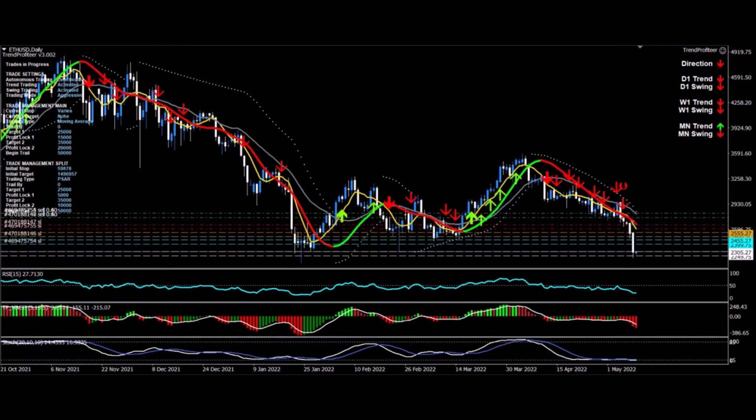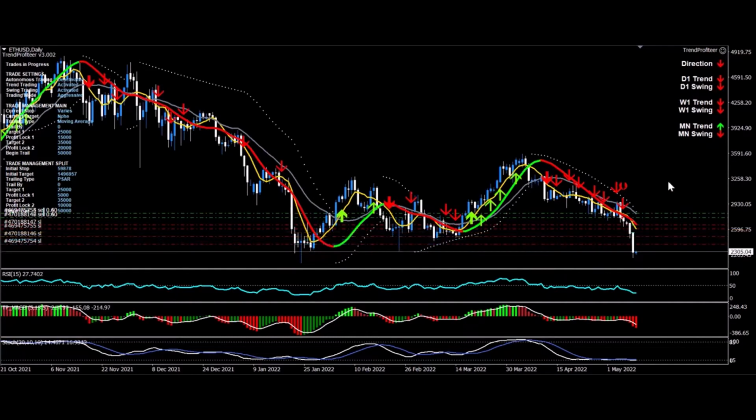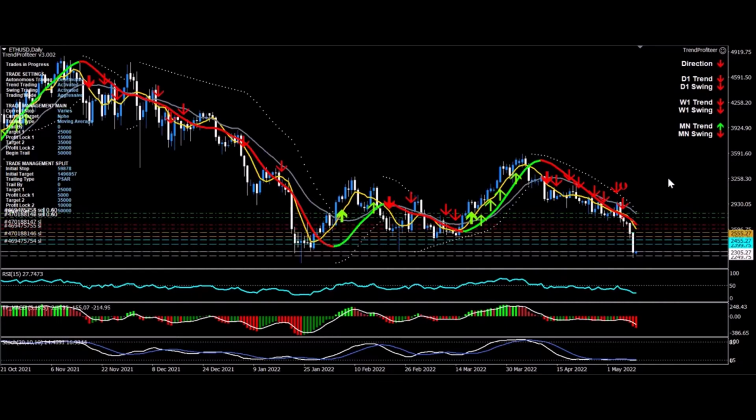Wow. Profit lock target 3 has now been hit for my second trade. So all 4 split trades between those 2 trades are now locked in, and you know, it's a great position to be in. I've made a ton of pips, so that's really fantastic for my account balance.